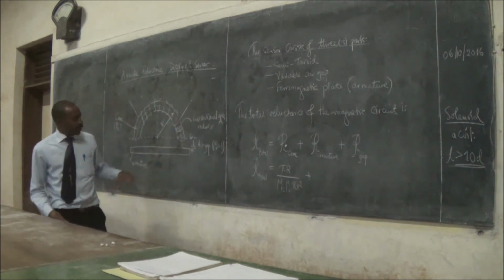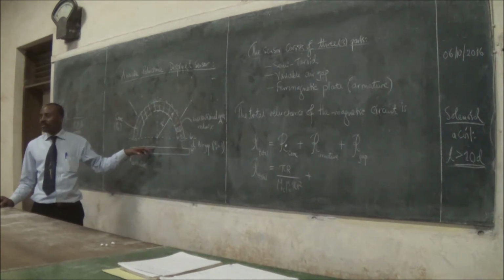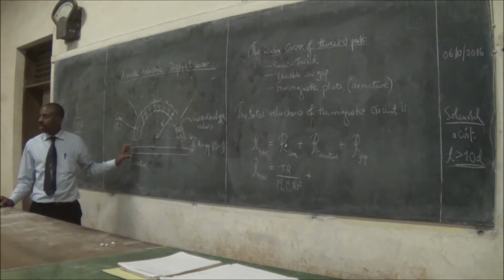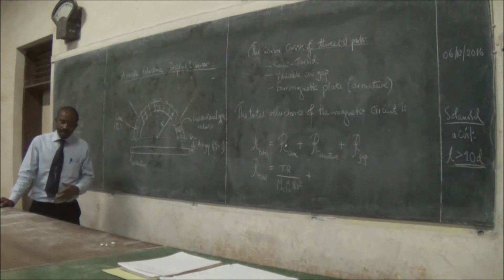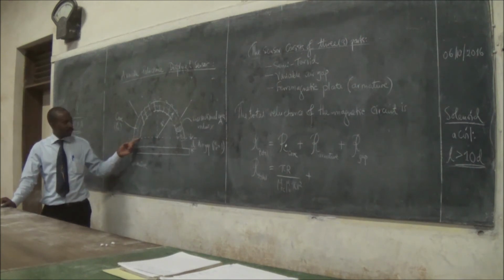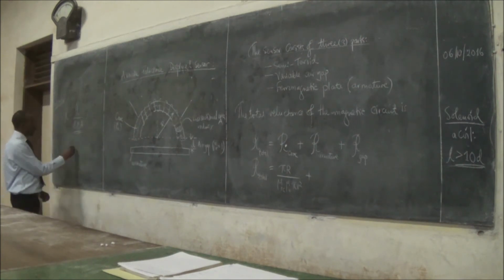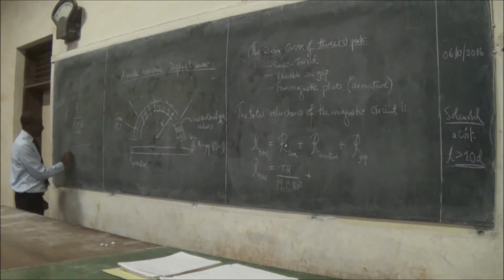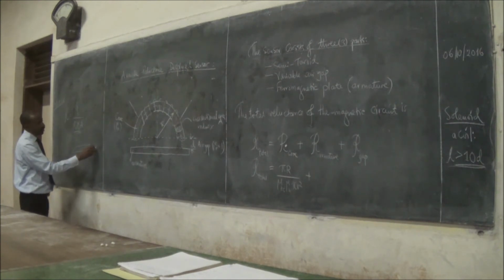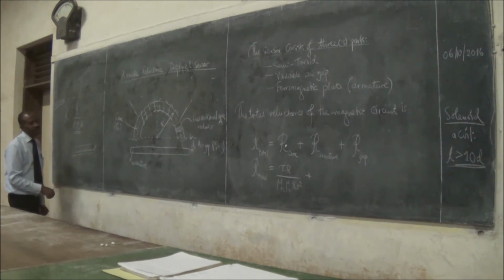The armature, this other stuff here. I drew this one in 2 dimensions, and this one in 3 dimensions because I showed this part. So basically, this armature is like this, and it should have a cross-sectional area also.